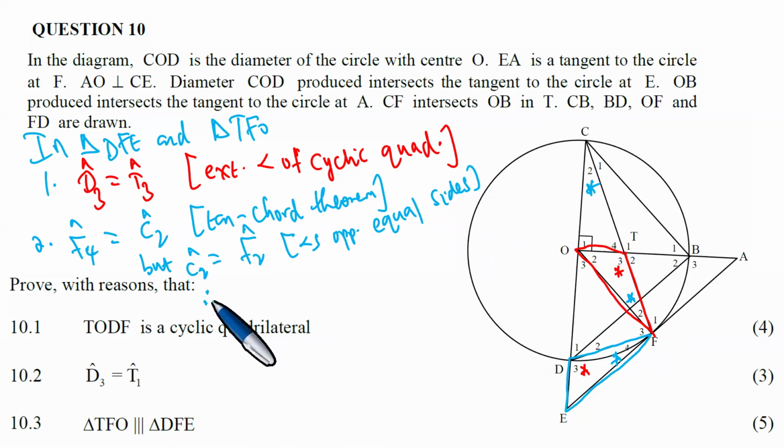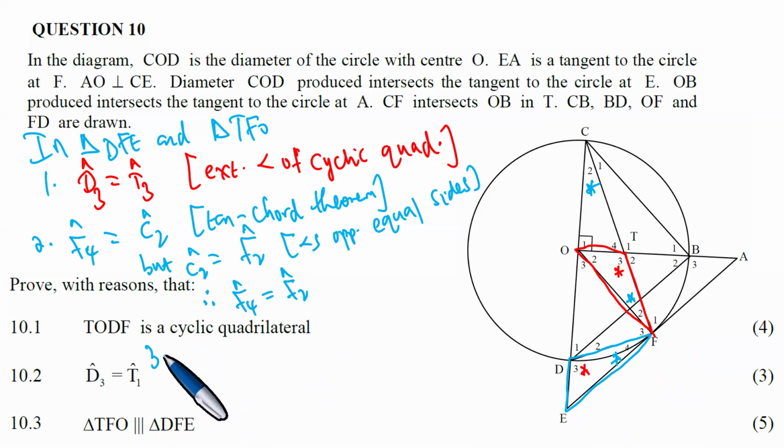Therefore, the angle F4 is equal to the angle F2. Because F4 is C2, C2 is F2, which means F4 is F2. Good. Now, we have the two angles, so we have found that F4 is equal to F2. Now, the third angle.